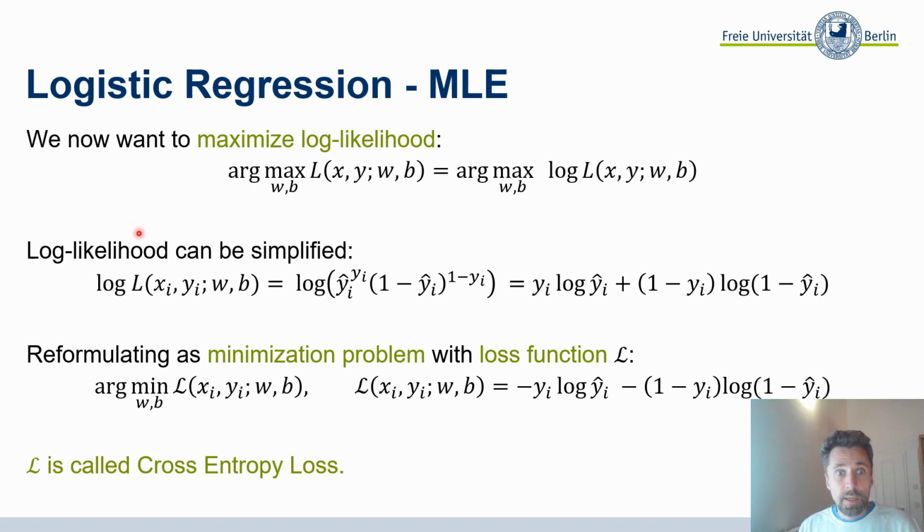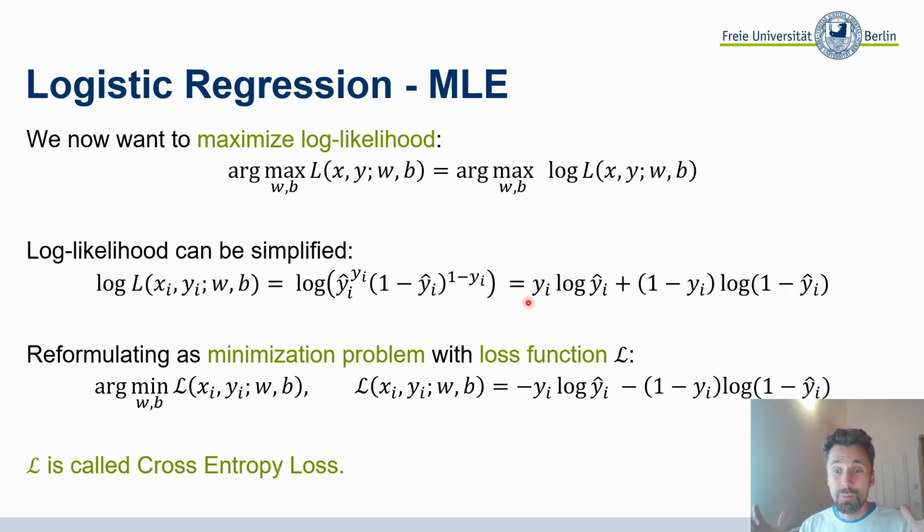The log likelihood now is just the log of what we've seen in the previous slide. So log of y hat i to the yi times 1 minus y hat i to the 1 minus yi. And so applying the log power law, this log brings the yi down, and then you have this expression.